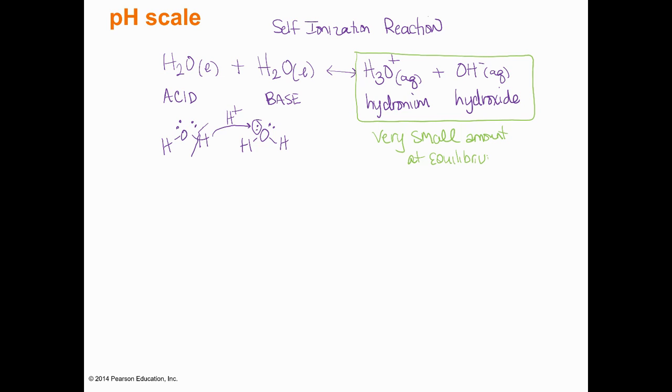Now, we can describe the amount of ions through a math equation, which is hydronium ion times hydroxide is given by a constant, which is called Kw, and that has a value of 1.0 times 10 to the negative 14.